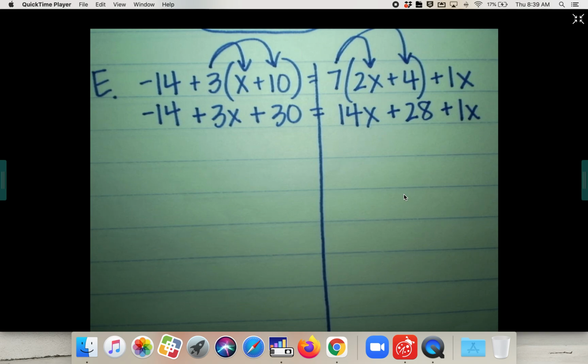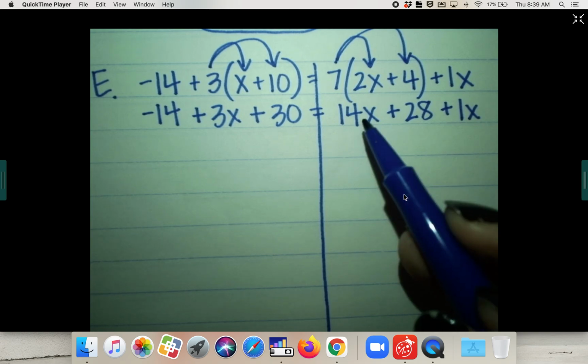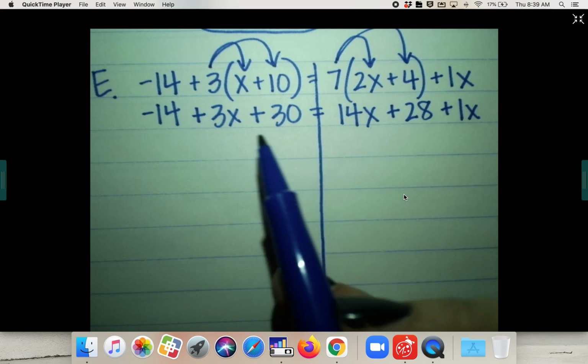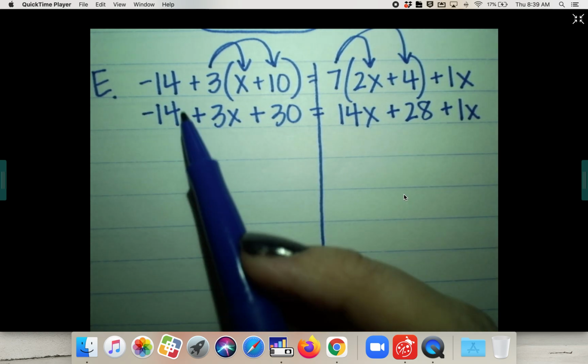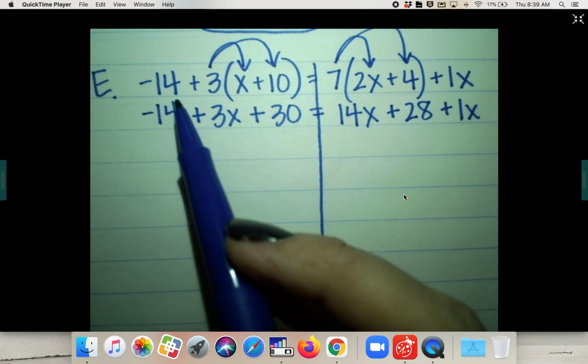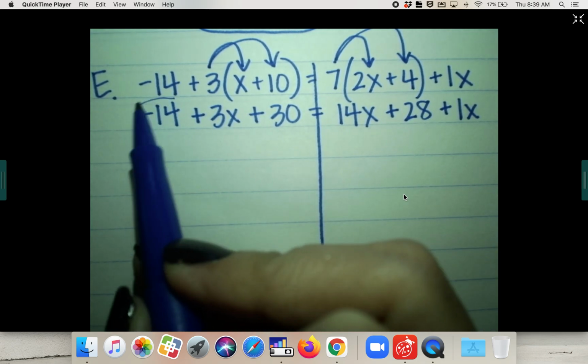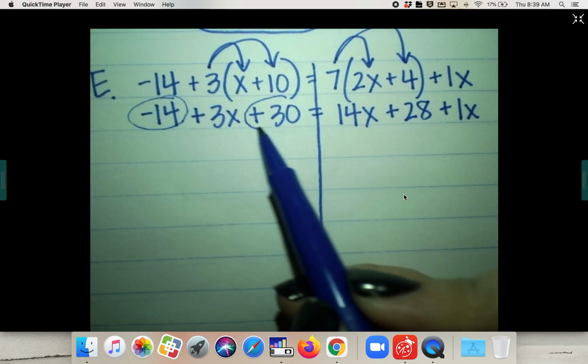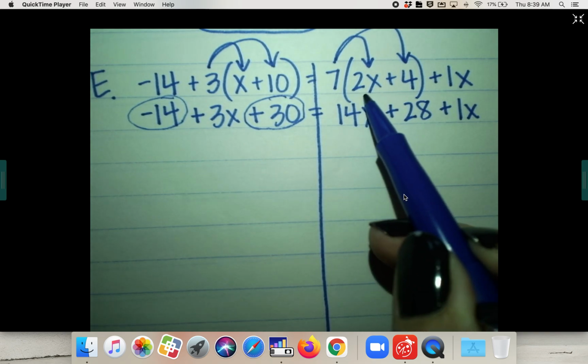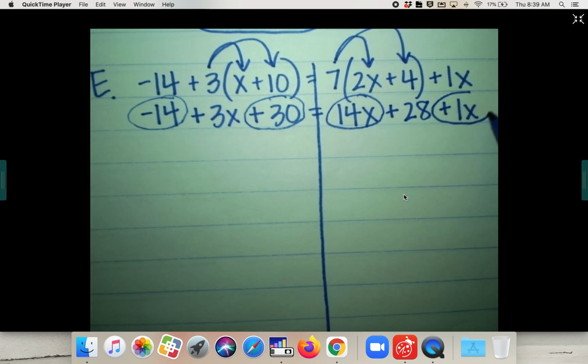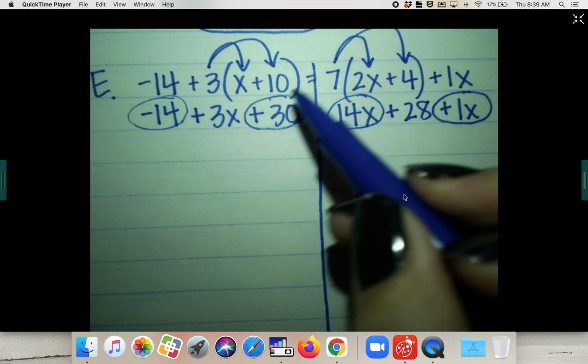All right, next we need to look and see if we should combine some like terms. I see 2 x's on the right side. On the left side, I only see 1x, but I see 2 numbers that are constants that you could also combine. So let's combine these 2 on the left, and let's combine these 2 on the right, and then we'll work it from there.